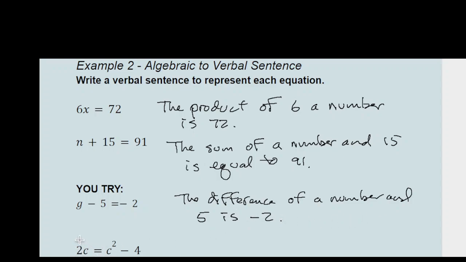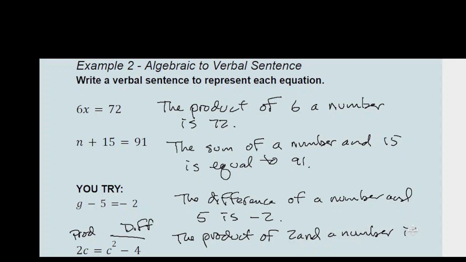And then this one, we got a product going over here, right? Because we're multiplying. And then over here, we have a difference, right? So you could say the product of 2 and a number is equal to the difference of the number.